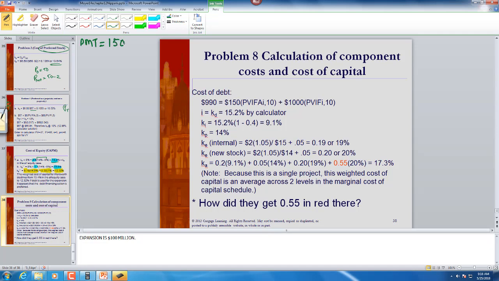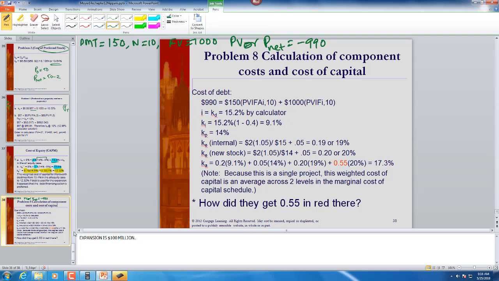The bonds have a 10-year maturity and 1,000 face value. N is 10. Future value is 1,000. And they'll be sold to net Ewing 990 after issue cost. So 990 means present value, or in this case P net is minus 990. Ewing's marginal tax rate is 40%.